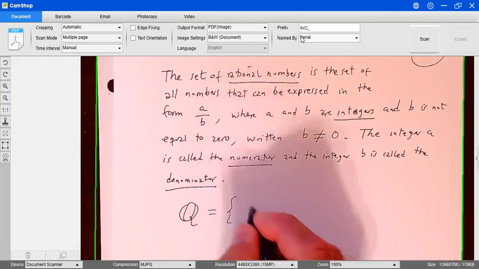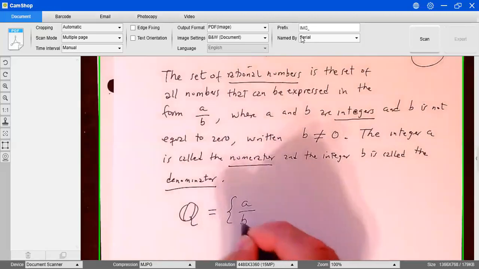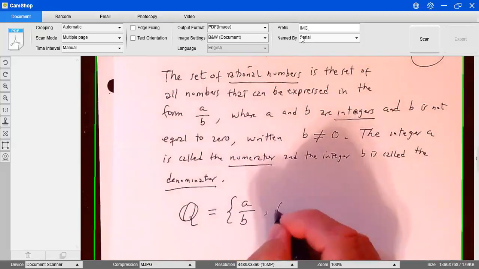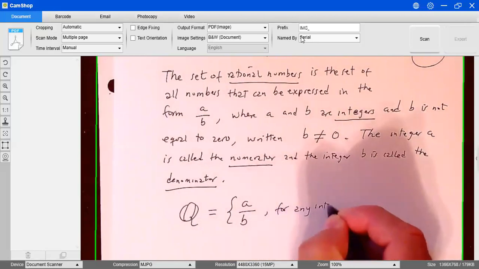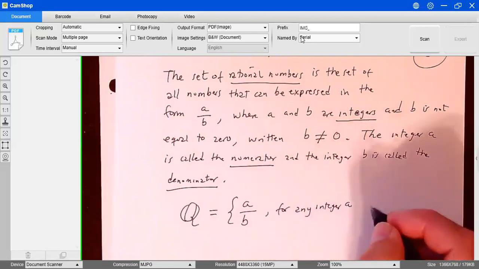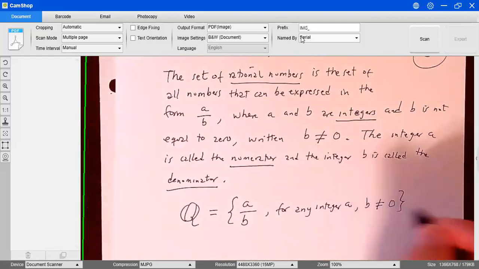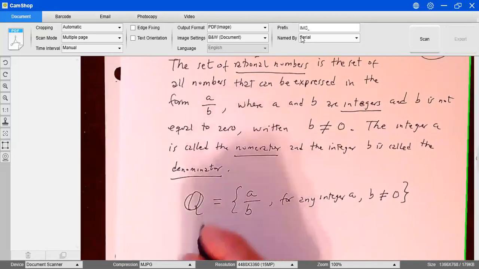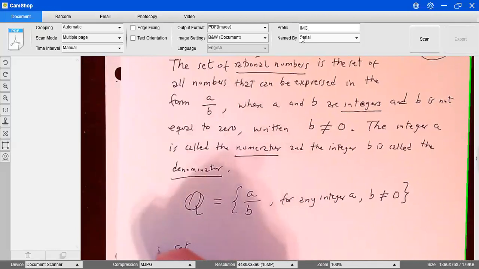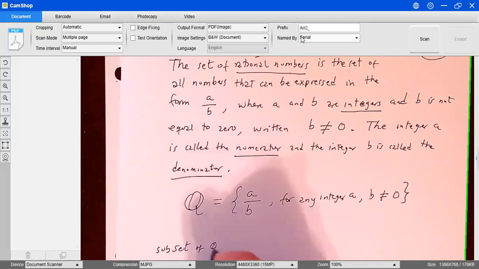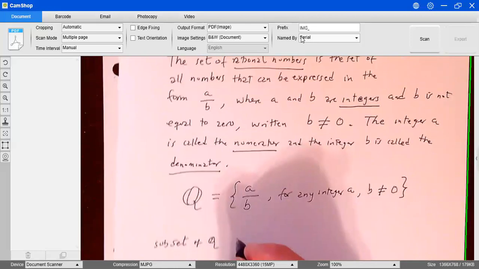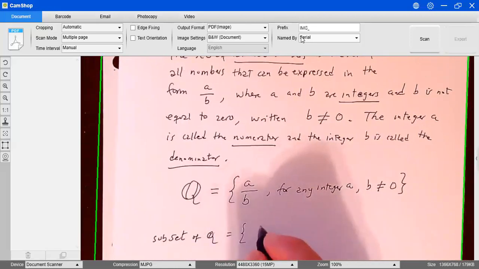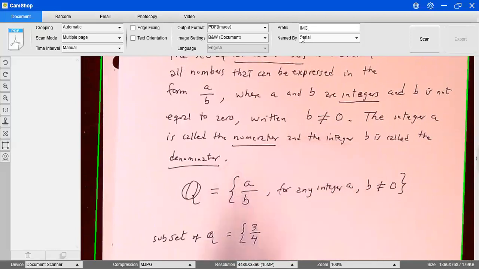So the set is going to be, again, just fractions A over B for any integers A and B, with B different than 0. For example, this is a subset of Q, just as an example. You can write 3 over 4.